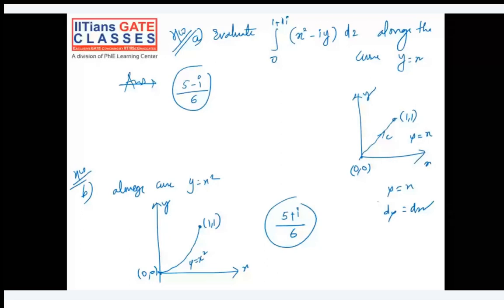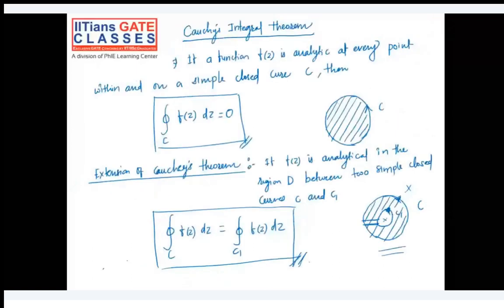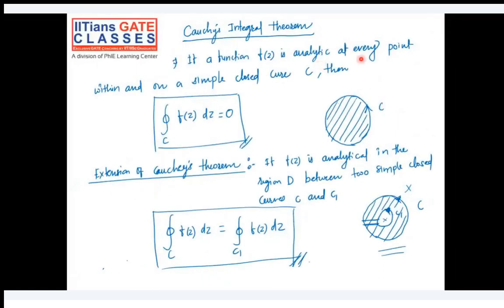So let's start with Cauchy's integral theorem. If a function f of z is analytic at every point within and on a simple closed curve C, then the integral over the closed curve C of f of z dz is equal to 0.